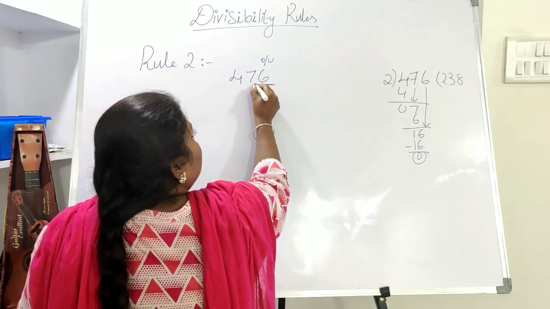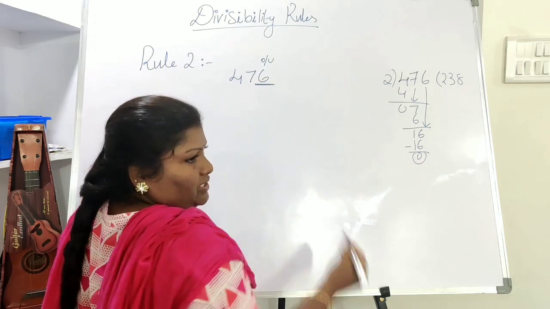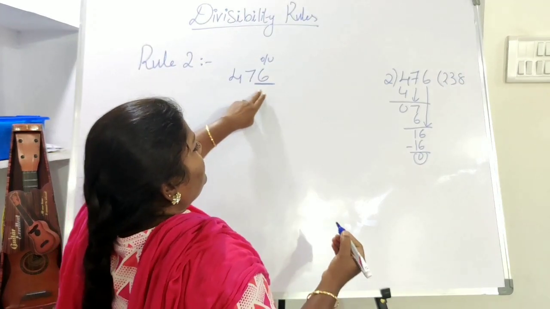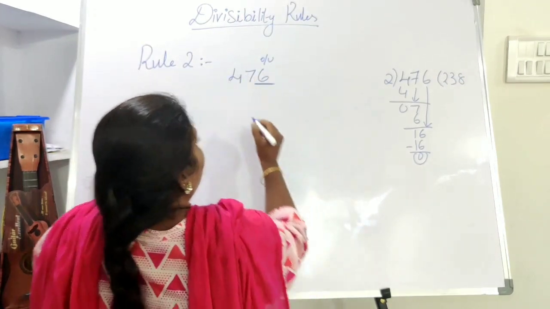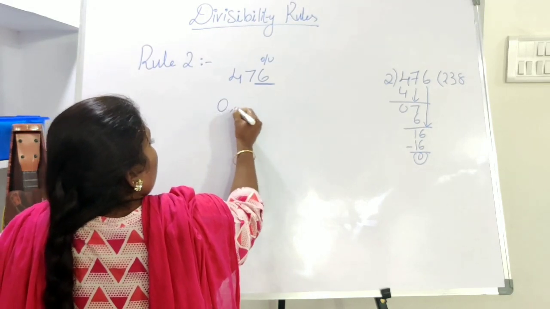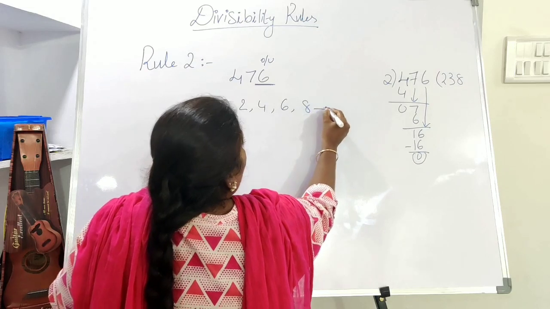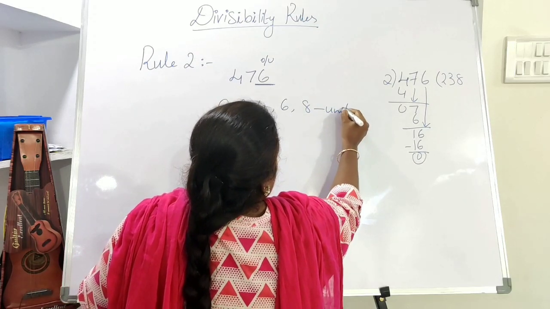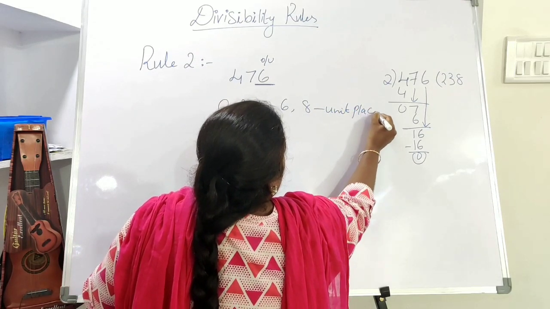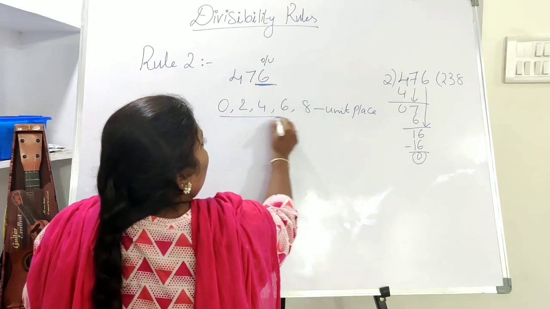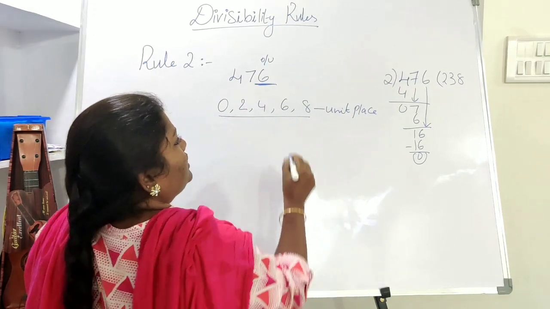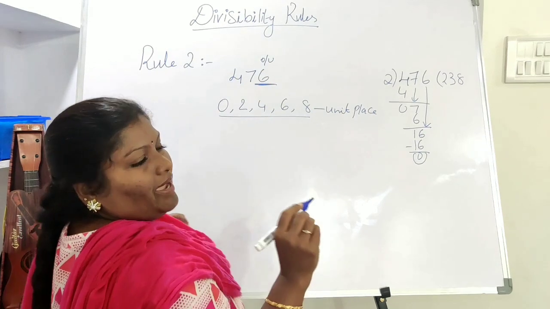So you have to see the units place digit and see whether you have 0, 2, 4, 6, 8 in the units place. If you have any of these numbers in the units place, then the whole number will be divisible by 2.